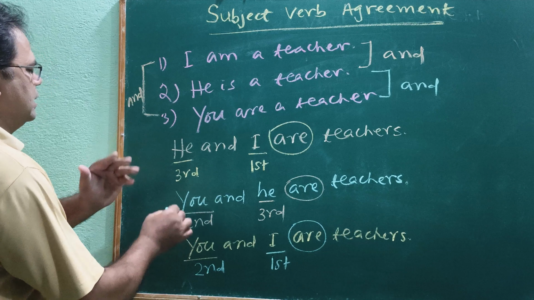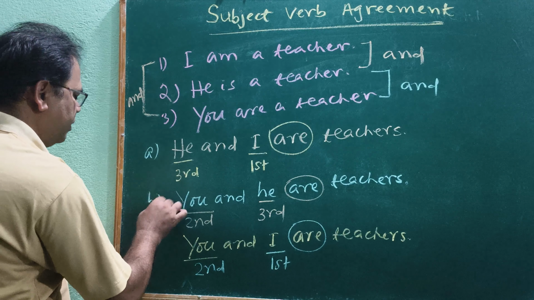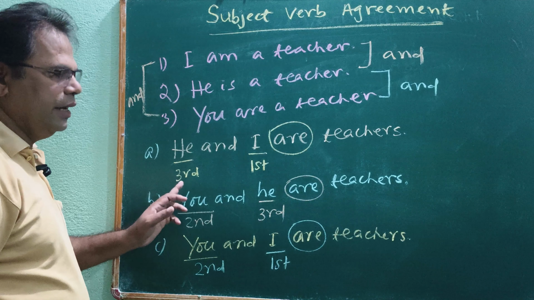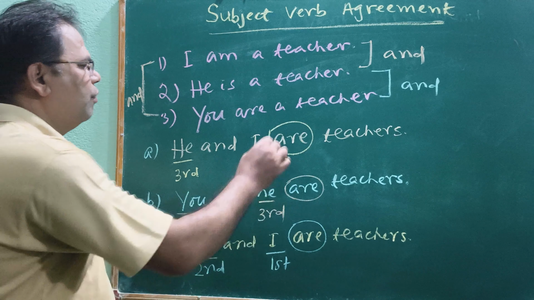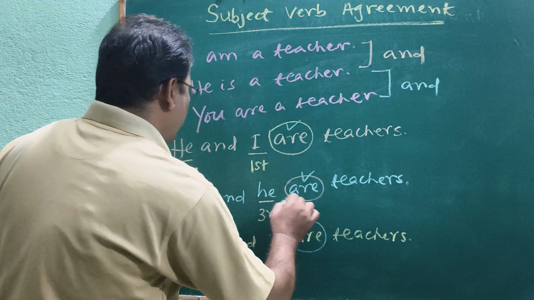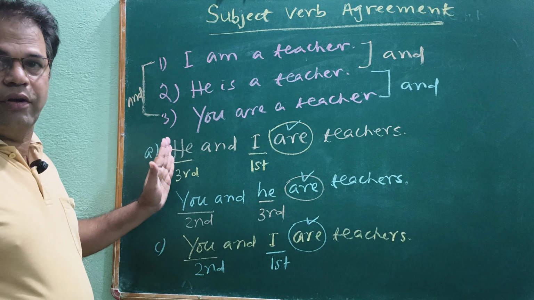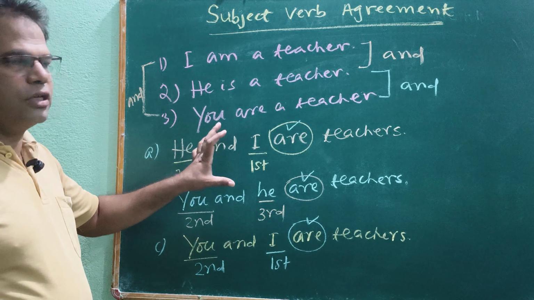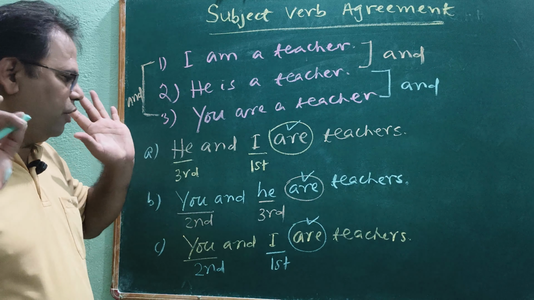See, in these three cases, in case A, in case B, and in case C, in all these cases the verb is "are". That means when these pronouns are connected with "and", the subject must be plural. Yes, we are clear about it.